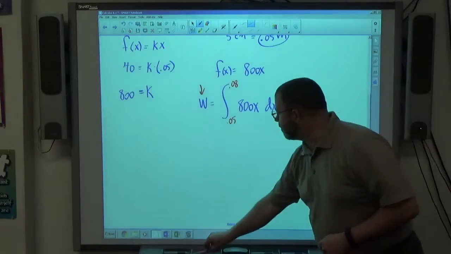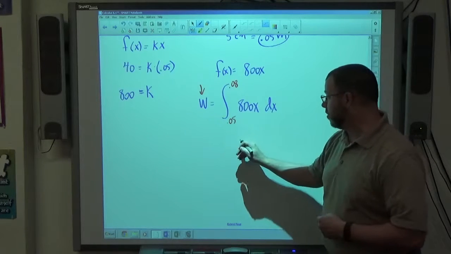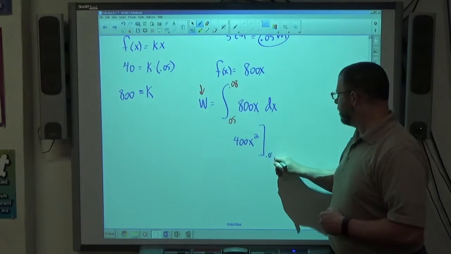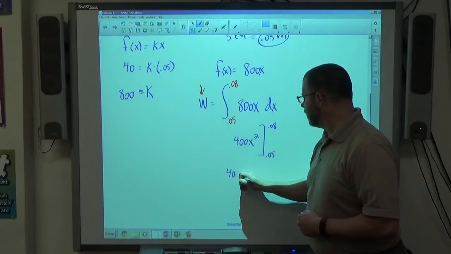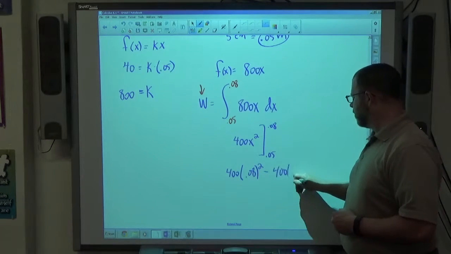Then it's just a matter of evaluating this integral. The integral of 800x is 800x squared over 2, which is 400x squared, from 0.05 up to 0.08. So the work is 400 times 0.08 squared minus 400 times 0.05 squared.